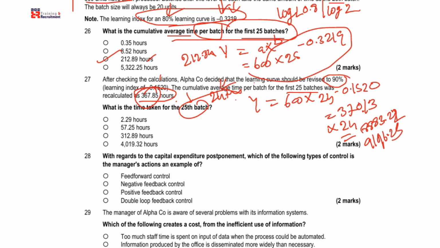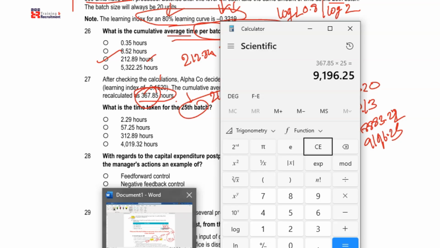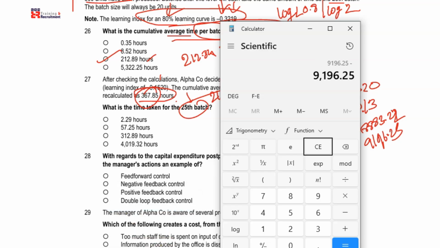What is the time taken then? 9196.25 minus 8883.22 is 313 or 312, the nearest figure.